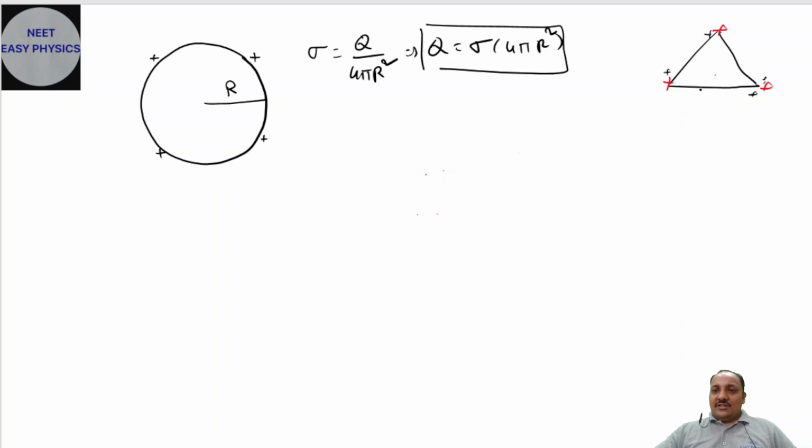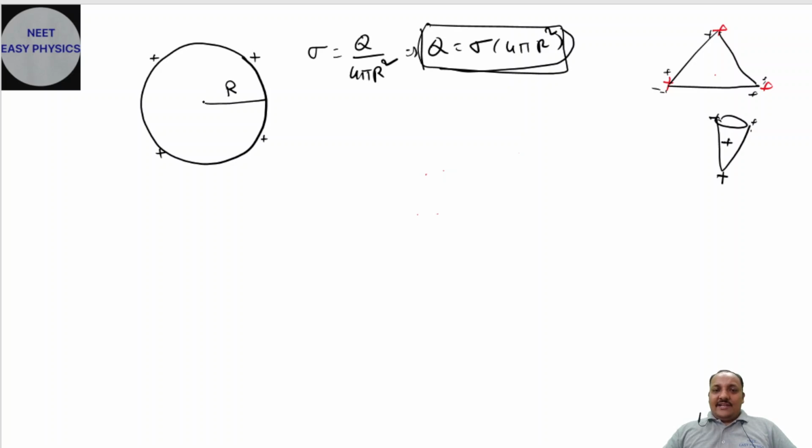If you give more charges, it will go here. Like this, if we are taking a cone, where will the charges reside? Where the surface area is lesser. Here it is going to be less, later here, later here. Like that it is going to be moving. Charge always resides where the surface area is lesser. So Q is equal to sigma into 4 pi r square.